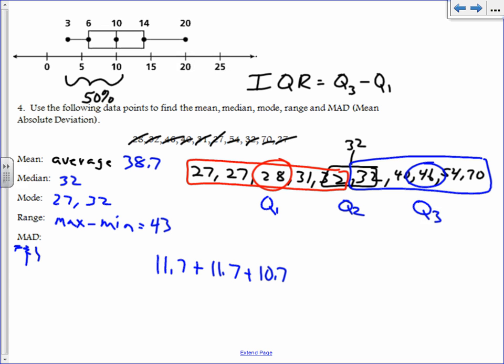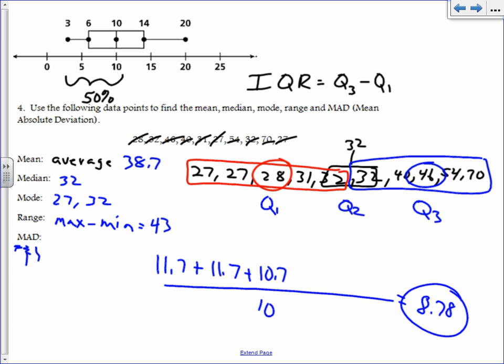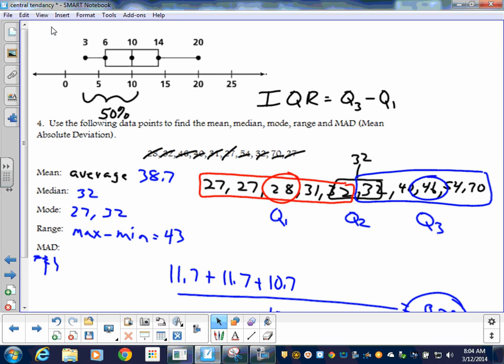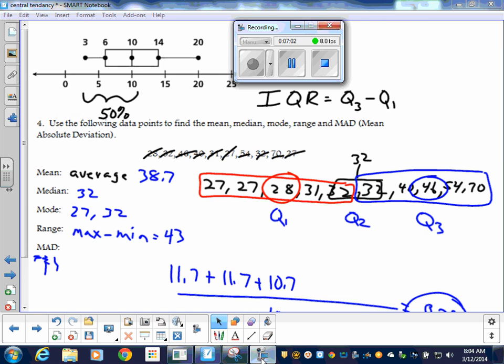So how many subtraction problems am I going to have down here? 10. So you're going to add them up and divide by what? 10. And so what's that answer? It's called the mean absolute deviation. Anybody? Questions? All right, that's that first section.